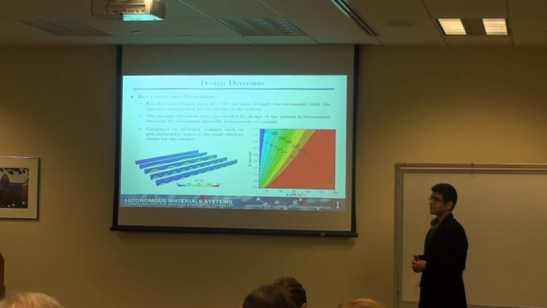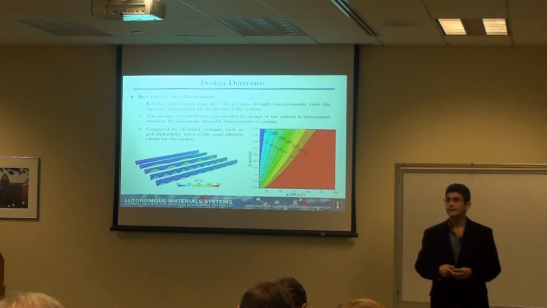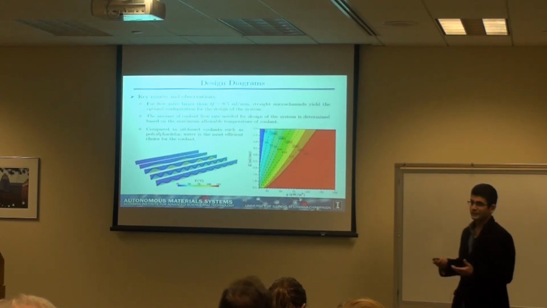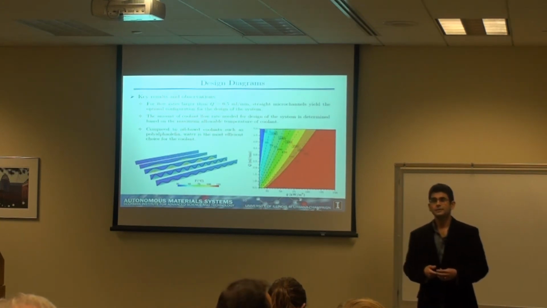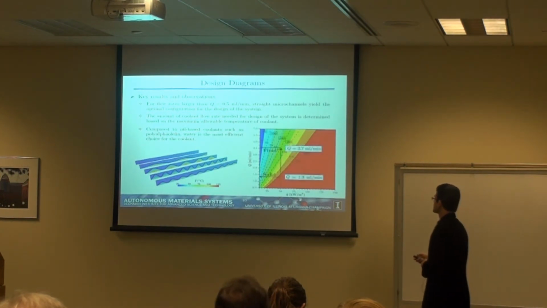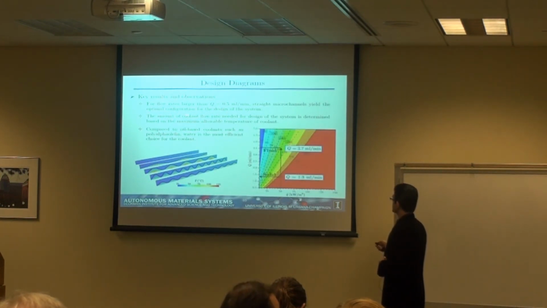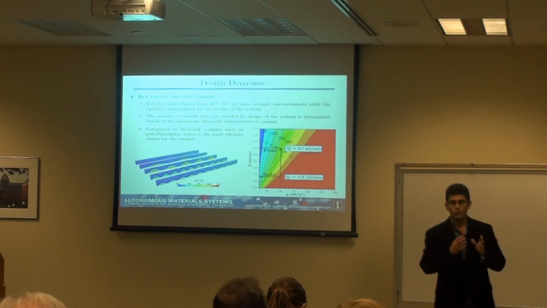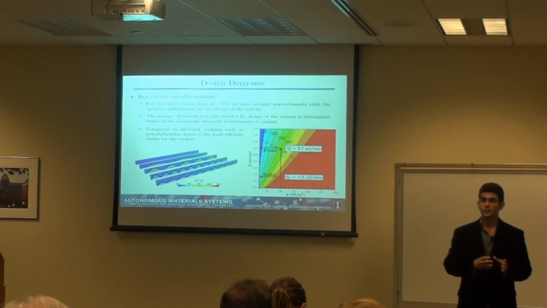So first of all, we found that, quite to our surprise, when going to flow rates larger than a certain amount, in this case 0.5 liter per minute, the straight microchannels were actually the optimal configuration. We also found that for design of the system, the amount of coolant that we need to provide is actually dictated by the maximum allowable temperature of the coolant and not that of the composite.